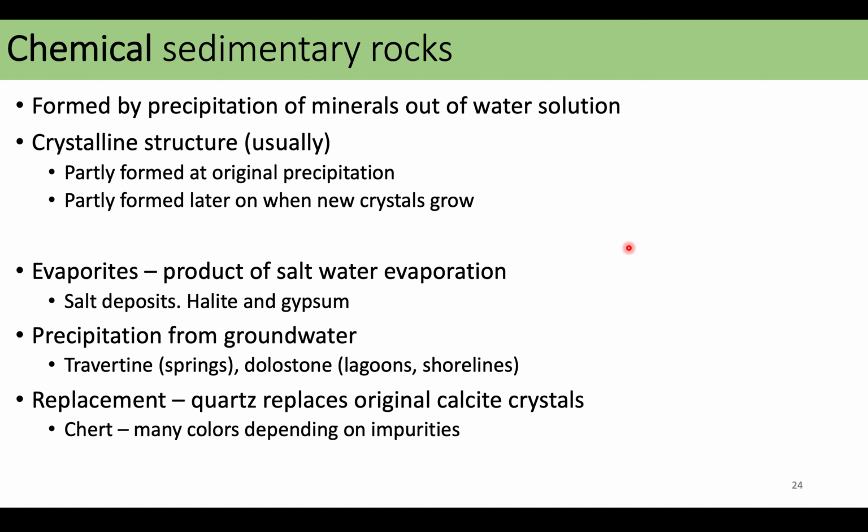And then the last type we call chemical sedimentary rocks. Chemical sedimentary rocks are formed when minerals precipitate out of a water solution. So usually they'll have a crystalline structure. This can be partly formed as the mineral is precipitating out, and then it can continue forming as new crystals are growing.